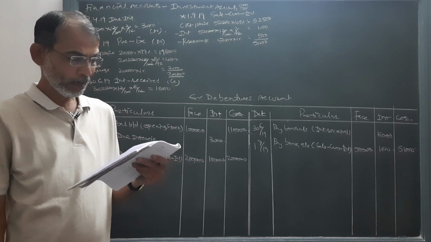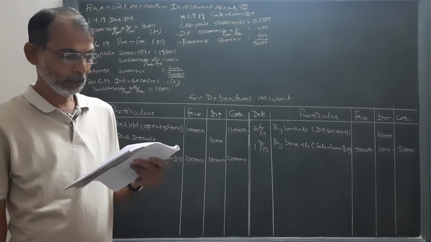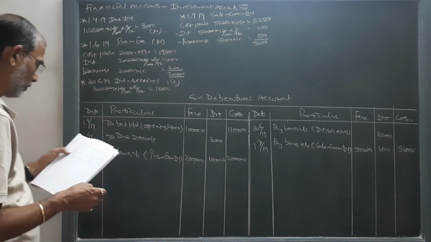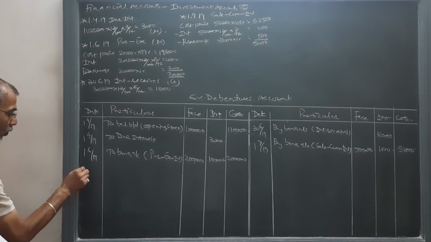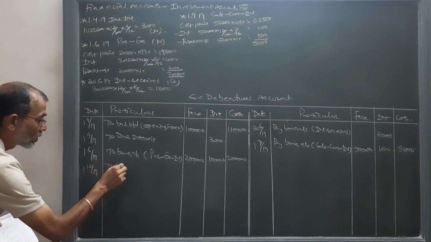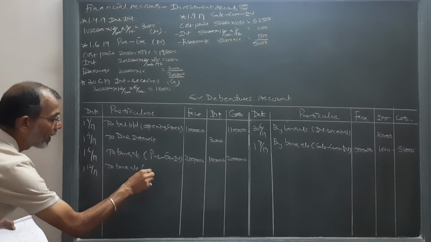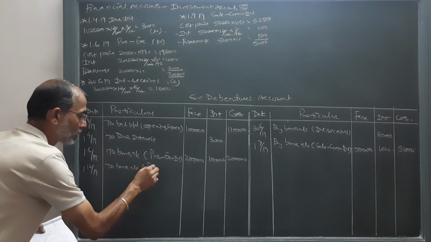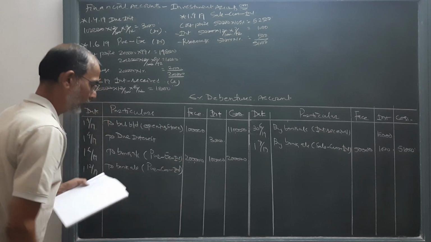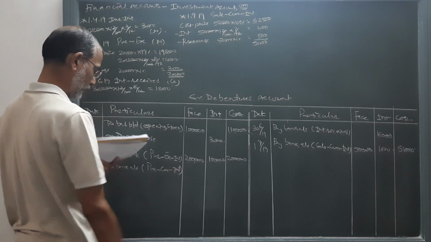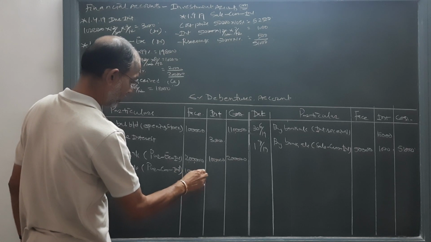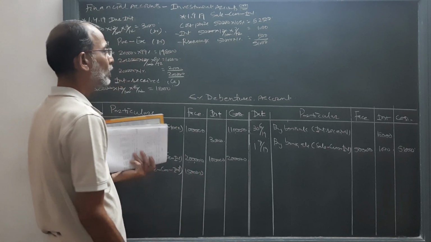Then on 1/12 debentures of 1,50,000 are being purchased. So on 1/12/19 to bank account, purchase cum interest. Face value or nominal value is 1,50,000.